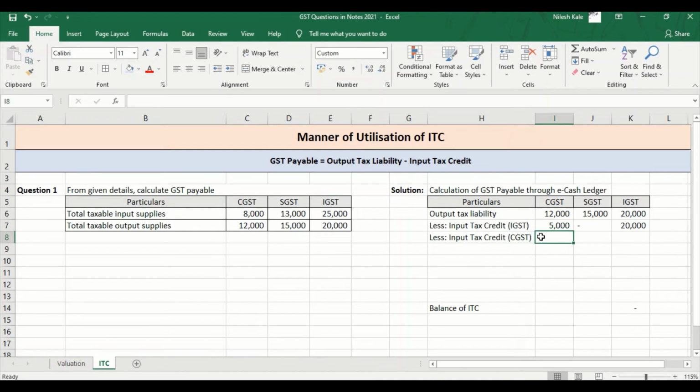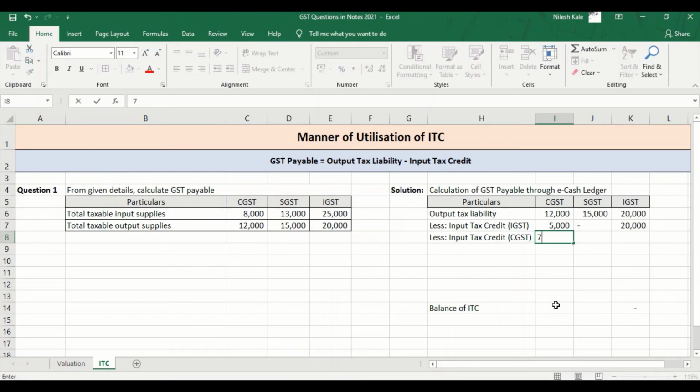Now closely look at this question. 12,000 CGST liability is there, 5,000 IGST credit has been paid. How much is still remaining? 7,000 is still remaining. So 7,000 I will pay using this CGST credit, 8,000. Right?